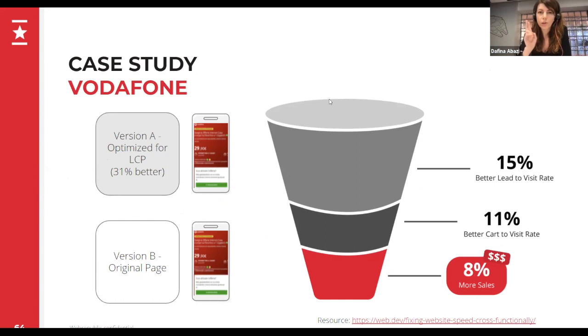So they built 2 versions of the landing page, which were functionally and visually exactly the same, except that version A was optimized for 31% better LCP. So that means its loading time was faster.